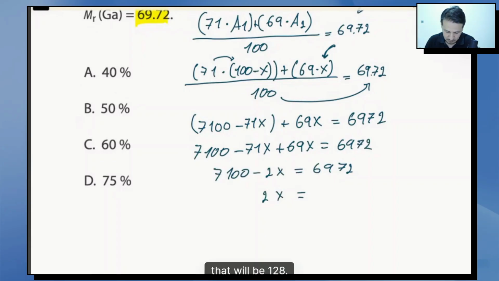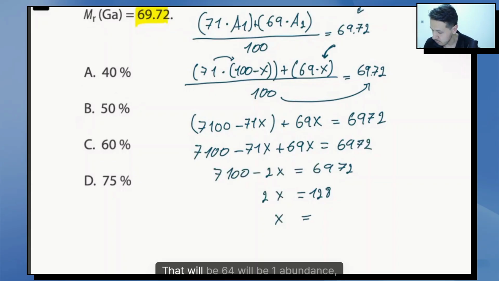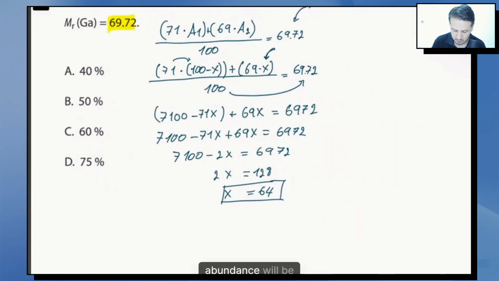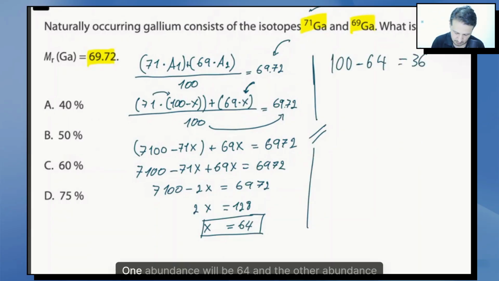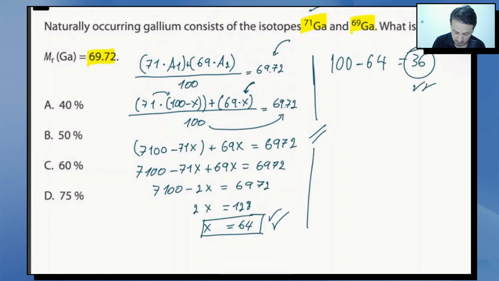That will be 128. So x will be 128 divided by 2. That will be 64 will be one abundance, and the other abundance will be 100 minus 64. That will be 36. One abundance will be 64 and the other abundance will be 36.